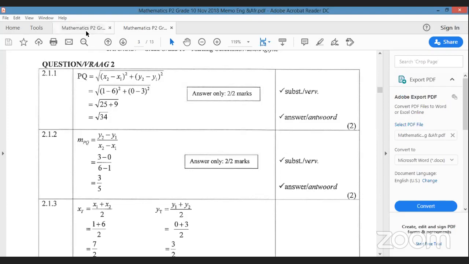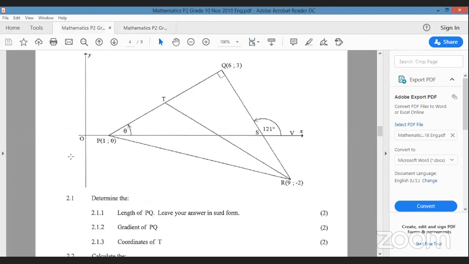Does it make sense? And yes, it does make sense. The gradient of a line that goes upwards must always be positive. The gradient of a line that goes downwards must always be negative. Because this line is going upwards, it makes sense for us to get a positive value.